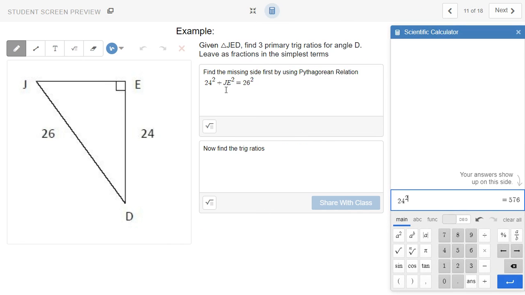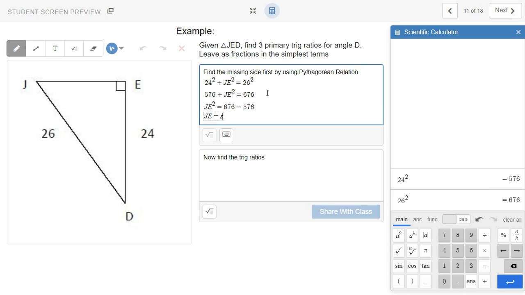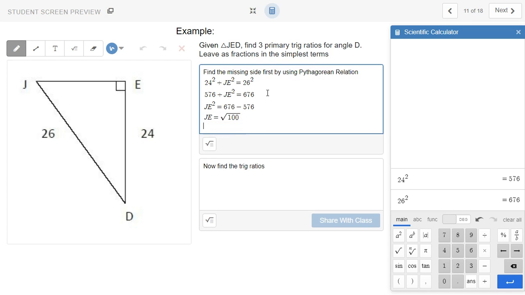So 24 squared, we have 576 plus JE squared, and this is equal to 26 squared. Let's rearrange our equation. JE squared is equal to 676 minus 576. JE is equal to the square root of 100, and we have the side JE is equal to 10.